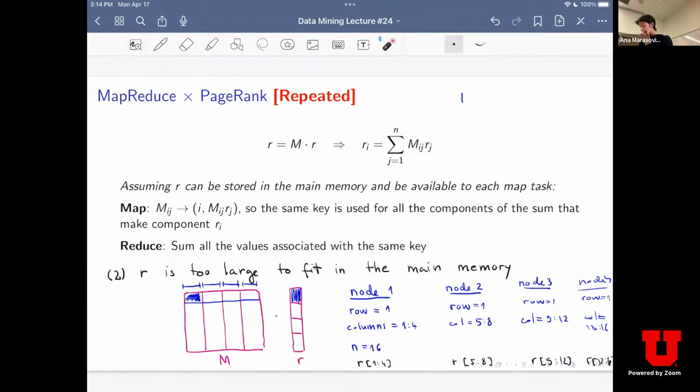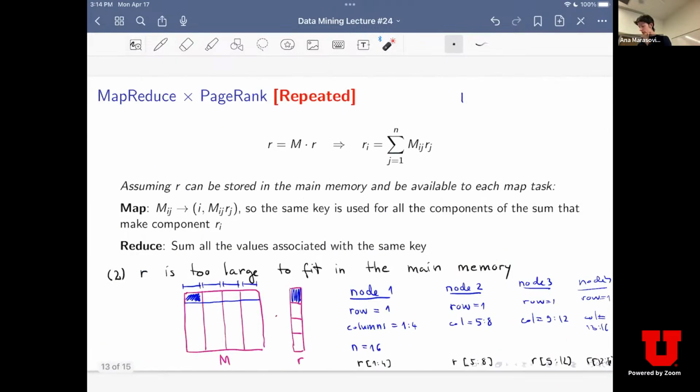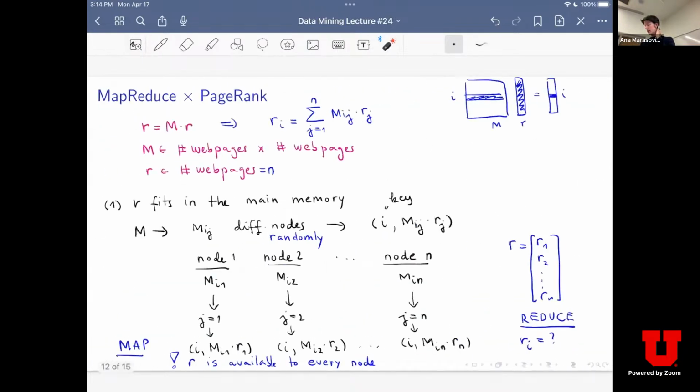And basically you are doing the exact same thing you have done here, but using this portion of the matrix M. So you have values Mij that are defined through row equals 1 and columns 1 to 4, and you have your R from 1 to 4. And so on. You would do the exact same thing over here, you would just sum the values and you would get the ith position in your vector R as you have done in this step over here.